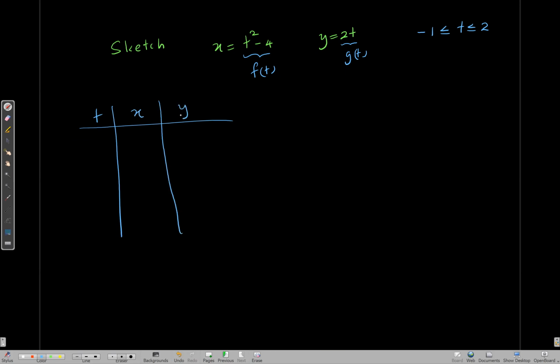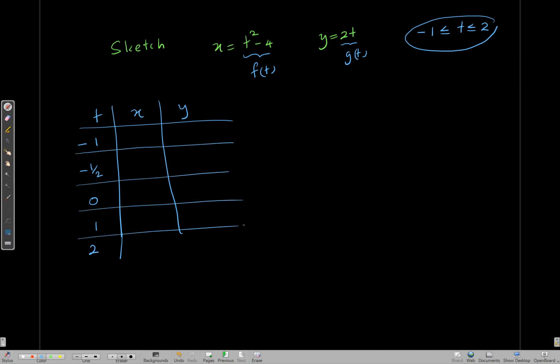T, x and y. So t is ranging from -1 to 2. So let's say -1, -1/2 and 0 and then 1/2, 1 and 2. So what are the x and y values? x equals t squared minus 4. So -1 squared, which is 1 minus 4, -3.